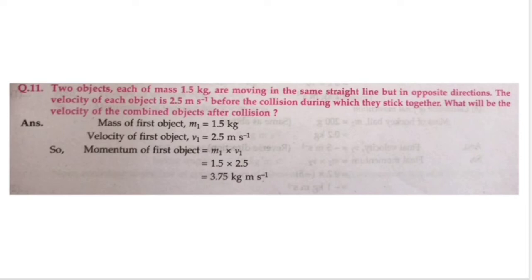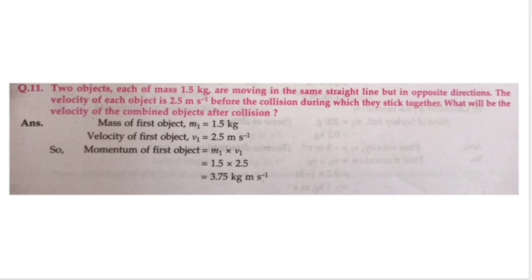Here we have two objects having the same mass 1.5 kgs each. They are moving with the same velocities with the value 2.5 meter per second. But we consider the velocity of the second object as negative because it moves in the opposite direction to that of the first one.